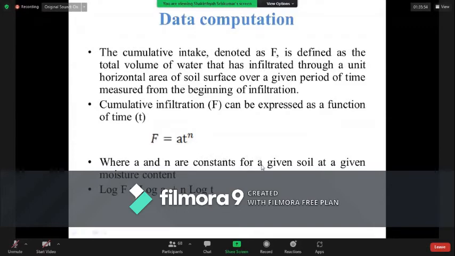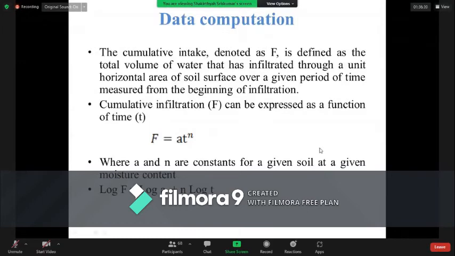If you take a clay soil and a sand soil, the pore sizes between the soil particles are different, so the infiltration also differs with soil type. With the moisture content also, the infiltration will change. If the soil is saturated, the infiltration is less.